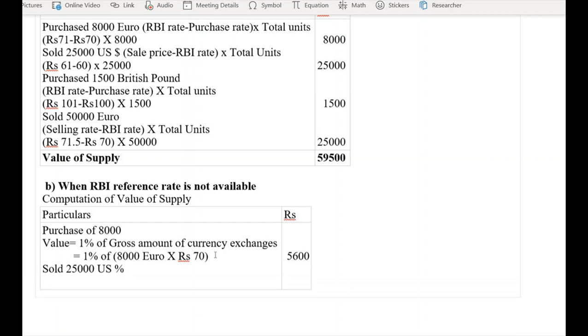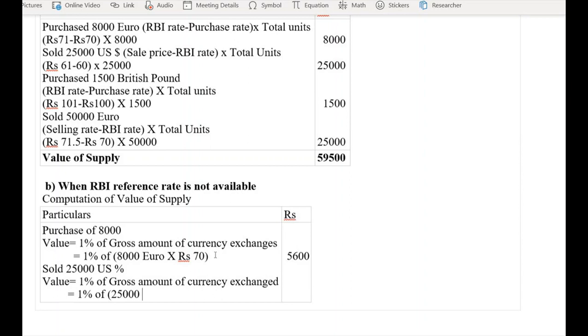Then again, value equals 1% of the gross amount of currency exchanged. So when we substitute the value here, we'll get 1% of the total $25,000 into the purchase price here, which is rupees 61.